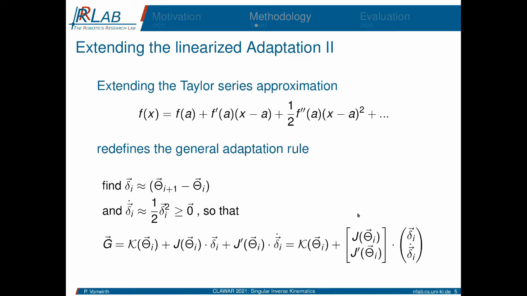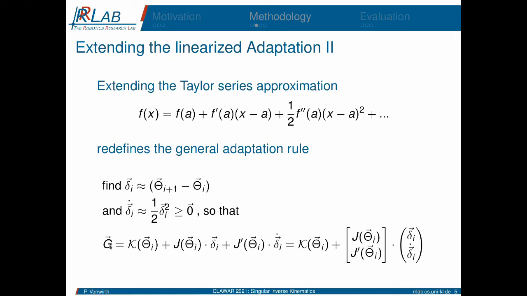I just started to extend this Taylor approximation by another element using the second derivative. This now redefines the general adaptation rule of the Newton-Raphson approximation to the equation on the bottom.